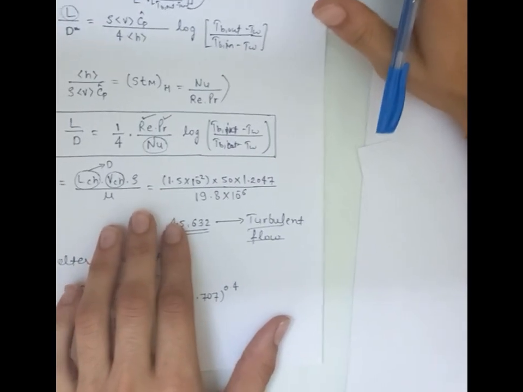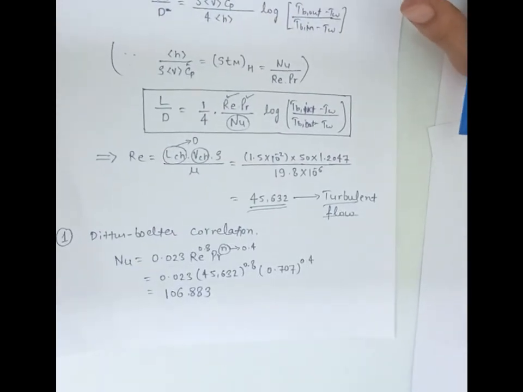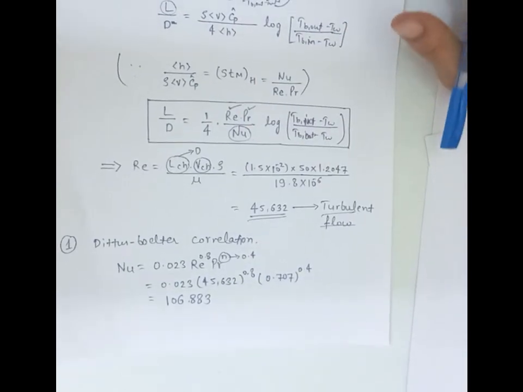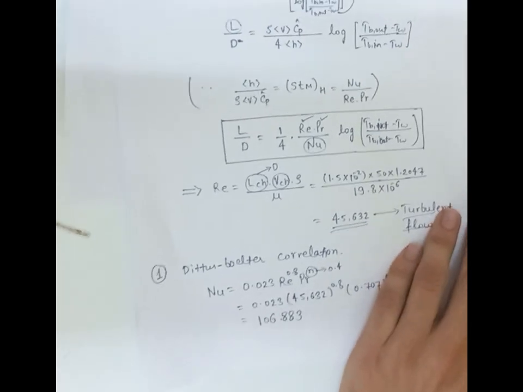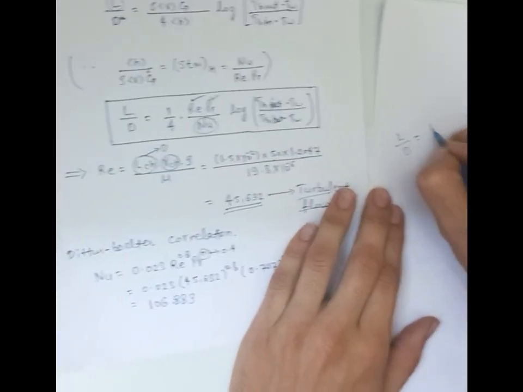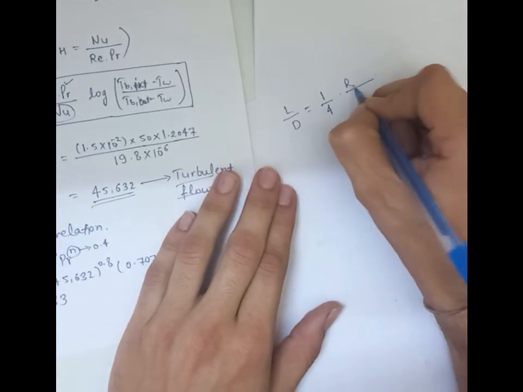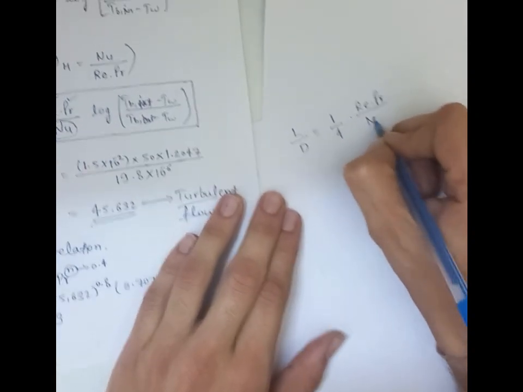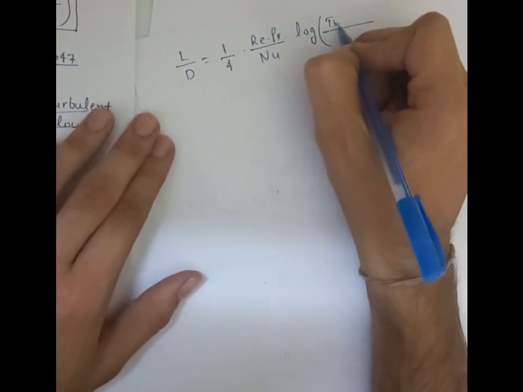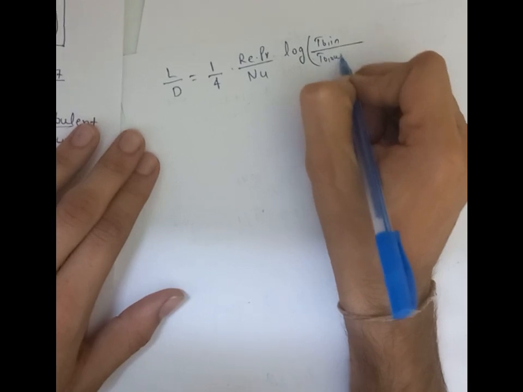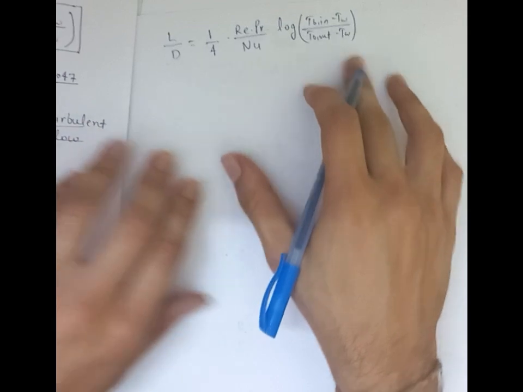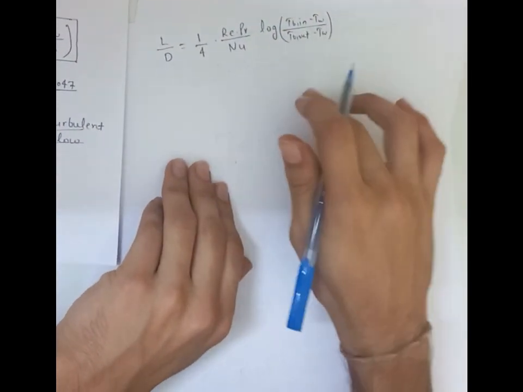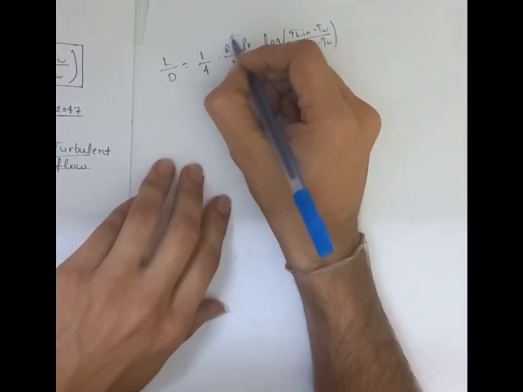Okay, so now we'll have our engineering correlation as this, and now we can correlate the surface roughness by writing this formula as L by D equal to 1 by 4 times the Reynolds number, Prandtl number, Nusselt number, and then the logarithmic of (T_B in minus T_W) over (T_B out minus T_W). Okay, so this is basically the correlation which we are having.